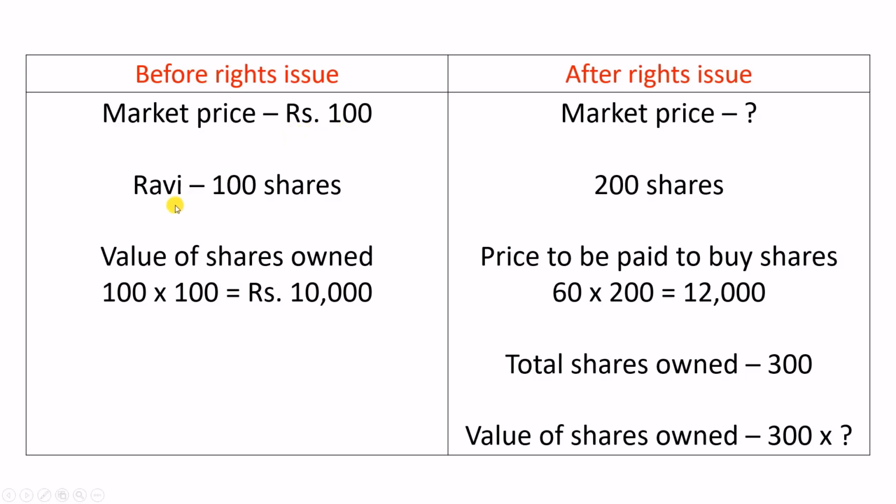And let us say a person named Ravi has 100 shares. So the value of shares owned by Ravi is 100 into 100, which is 10,000 rupees. This is before rights issue.